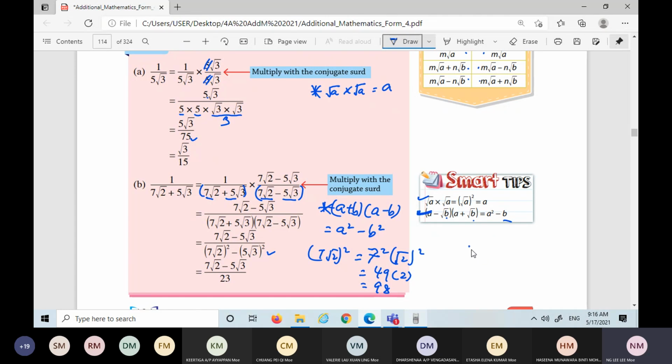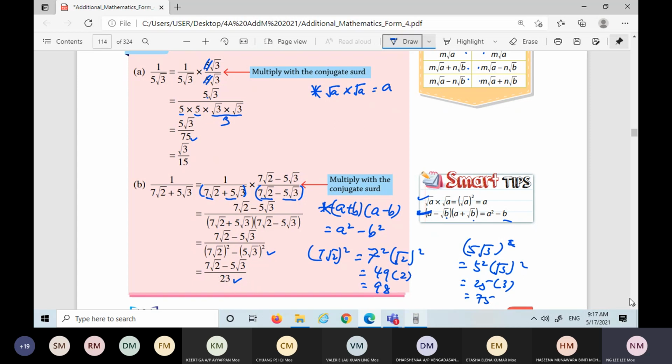Then the other one, same thing, 5 square root of 3. Once you can do it very fast, actually you don't have to do all this. So this is 5 squared and then square root 3 squared. So this is 25, the square root and the square disappear, so it's 3. So this is 75. Therefore, 98 minus 75 is 23 here. So this is your final answer. Now you see the denominator has no more surd.